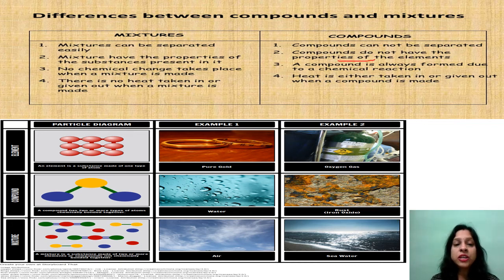No chemical change takes place in a mixture, whereas a compound is always formed or produced by a chemical reaction. In a mixture, no heat is taken or given out when the mixture is prepared, whereas heat is either taken in or given out when a compound is formed.